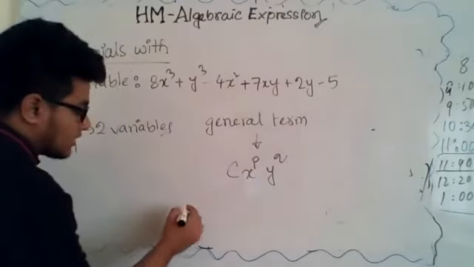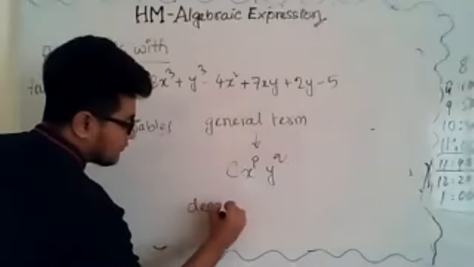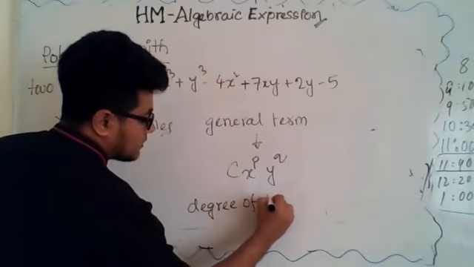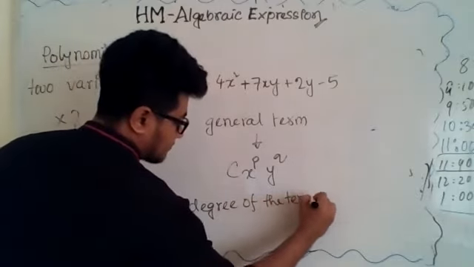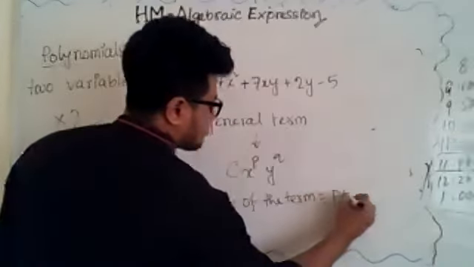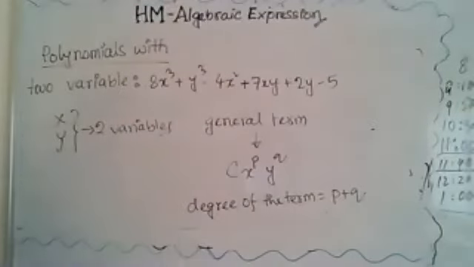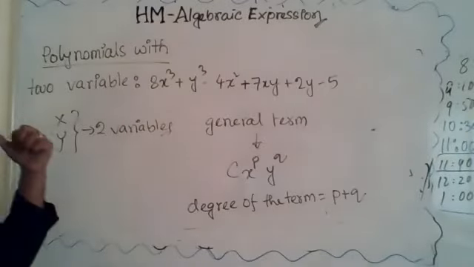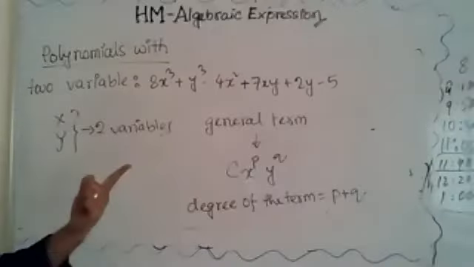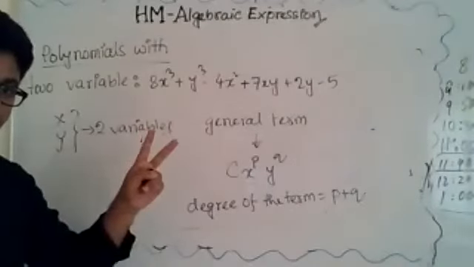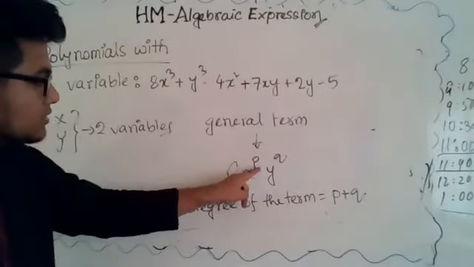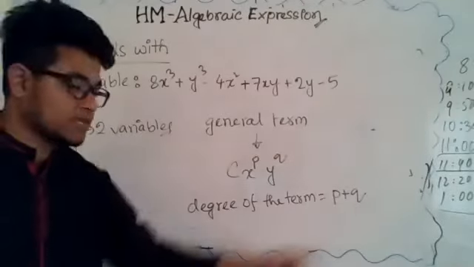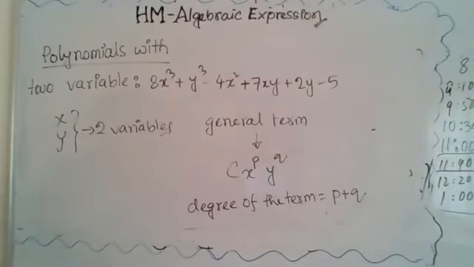Now, if I ask you to find out the degree of the term, then it will be p plus q. The degree of the term for the previous one was only p, because there was only one variable. Now there are 2 variables, so we will add the powers to get the degree of the term, p plus q.